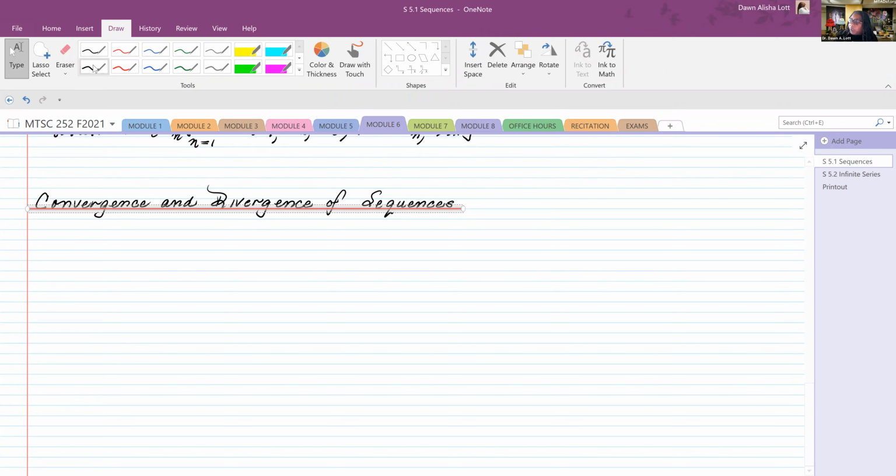Okay, so if we looked at that first sequence a_n that I did, n equals 1 to infinity, that looked like 1, 2, 3, 4. If you keep going, it just goes toward infinity. Okay, so this sequence diverges.